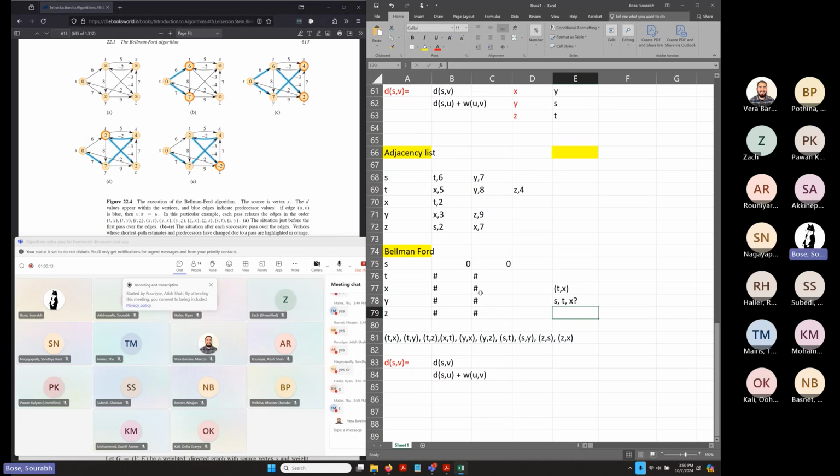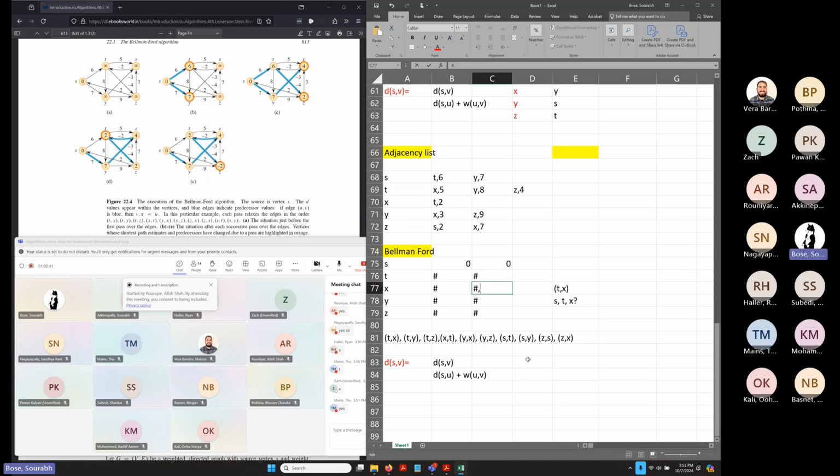X, not T. Remember, we are trying to find S to V. V is the last vertex here. T is the via vertex that you are looking at. Does it make sense? Awesome. So we are trying to update X.